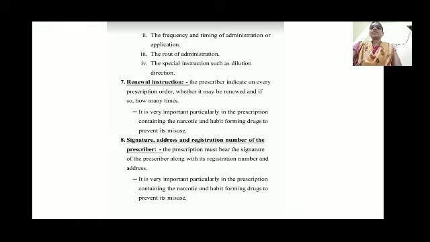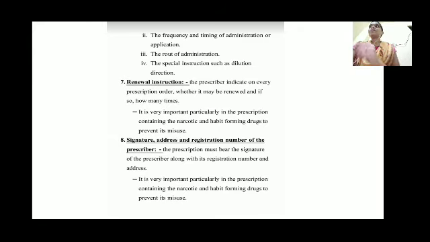The next one is the signature, address and registration number of the prescriber. Here it is very important, particularly in a prescription containing narcotic and habit forming drugs, to prevent misuse. The signature should be of the prescriber along with the registration number.